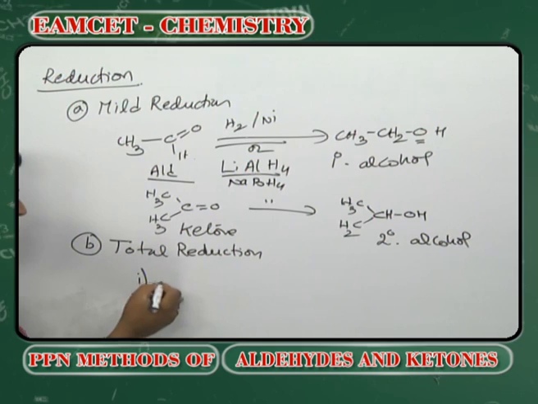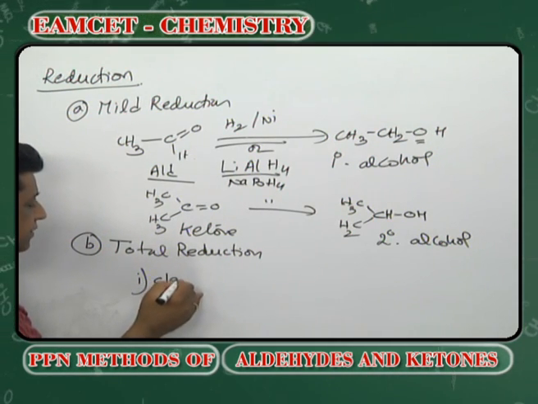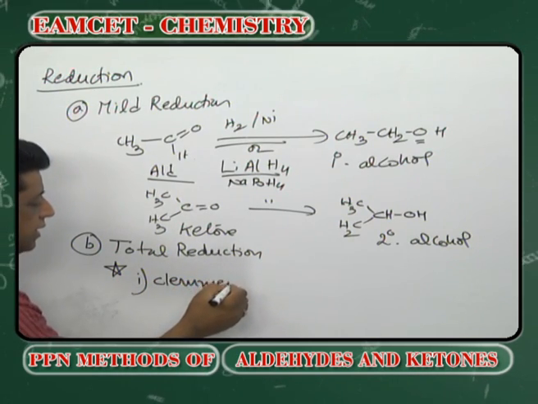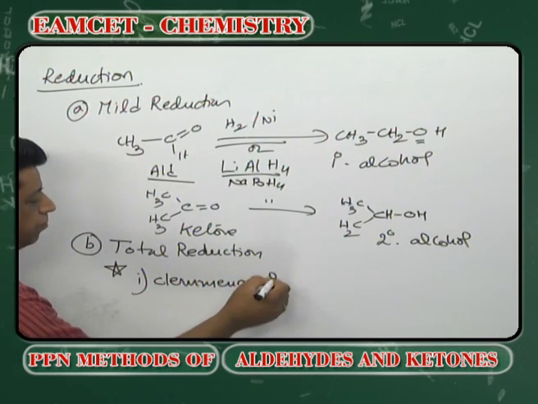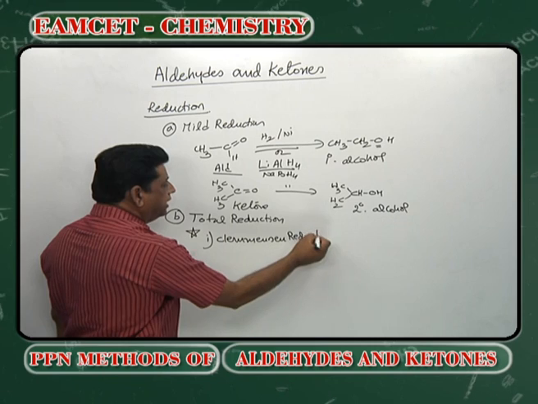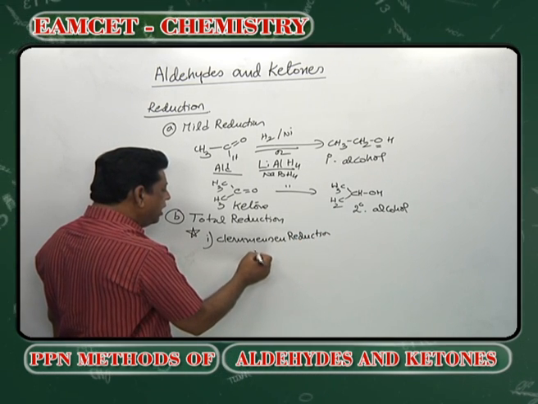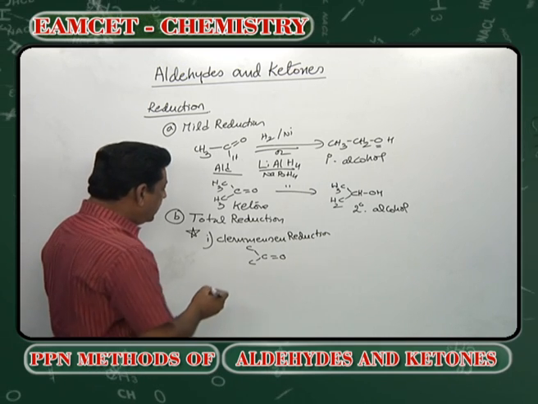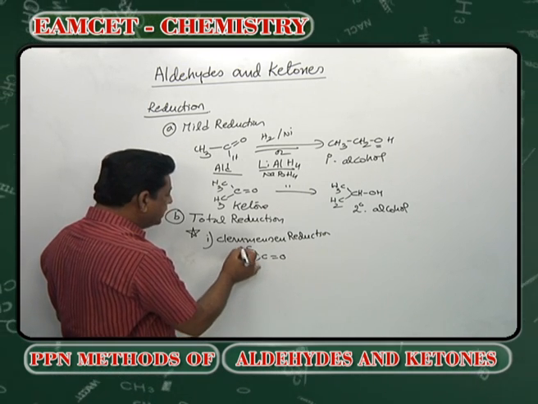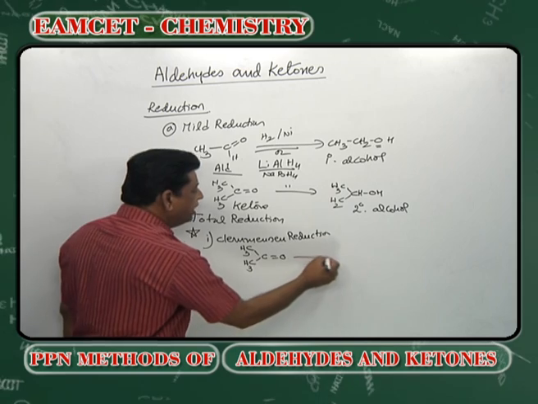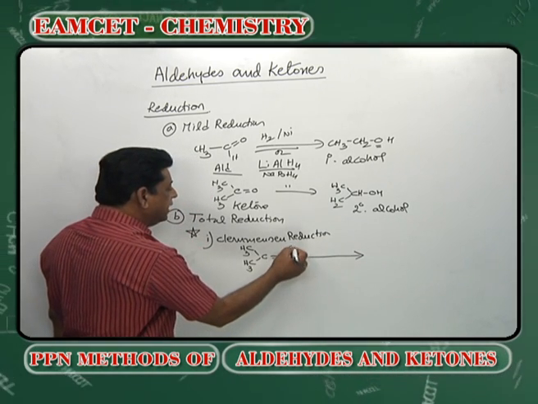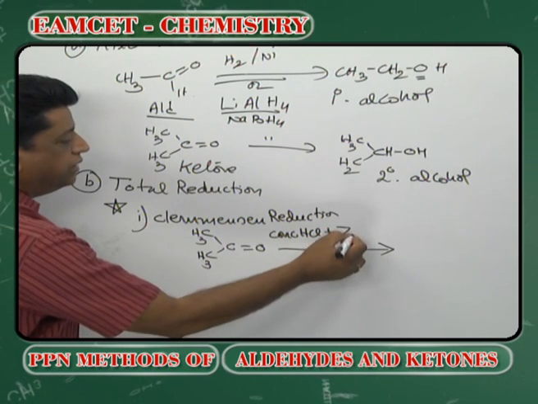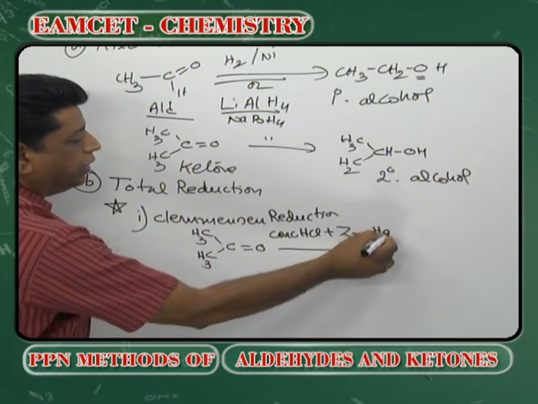One is a name reaction called Clemmensen reduction. Questions are coming on this Clemmensen reduction. It is nothing but an aldehyde or a ketone, for example acetone, which has 2 methyls and COCH3, treated with concentrated HCl in combination with zinc mixed with mercury.